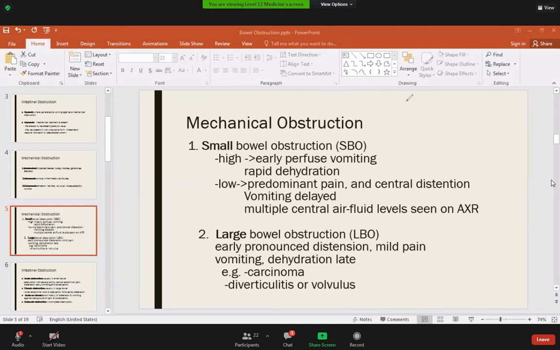Now, if you are seeing an abdominal X-ray, and in that X-ray you see air fluid levels, they appear like this, because there is a white line differentiating the fluid from the air.